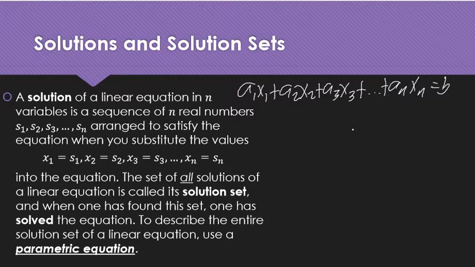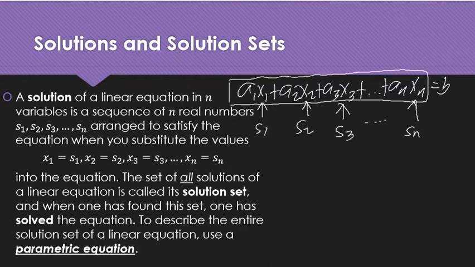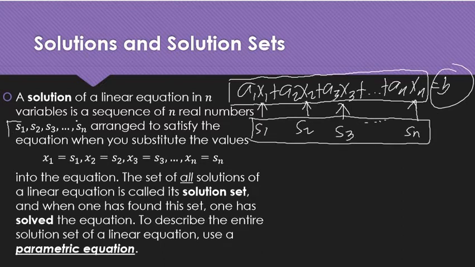So the first part of this definition is telling us that if I substitute this with s sub 1, this one with s sub 2, this one with s sub 3, up until this one with s sub n, and the equation is satisfied when I evaluate this expression, multiply a sub 1 to s sub 1, then add and all of that, and it's equal to b, then we call these numbers actually our solutions.